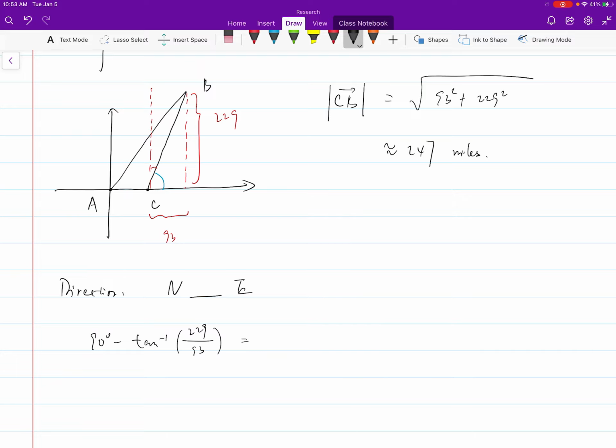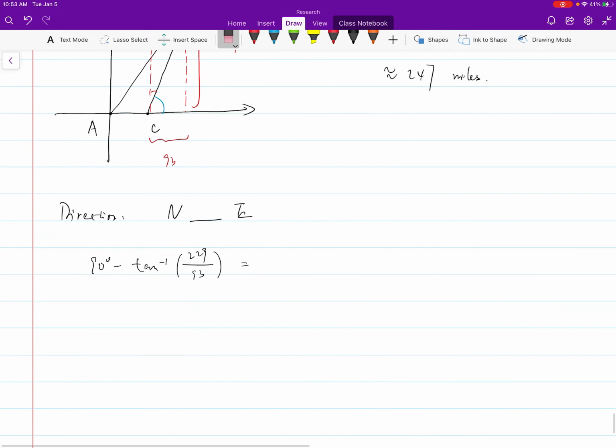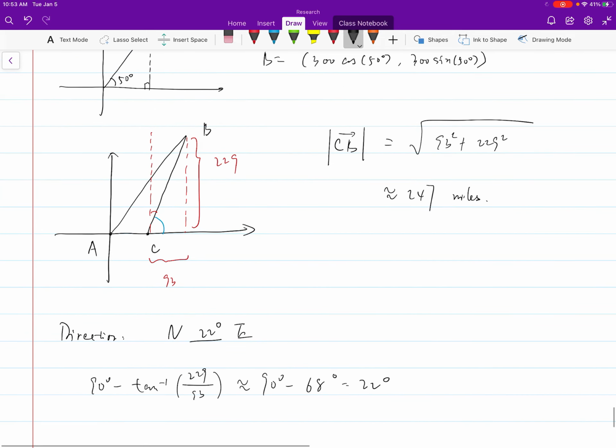Which is 90 degree minus 68 degree, which gives you 22 degree.